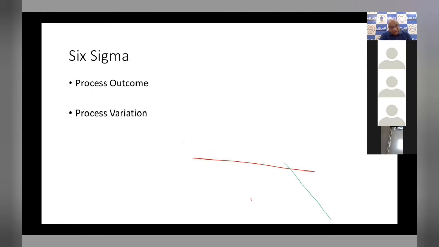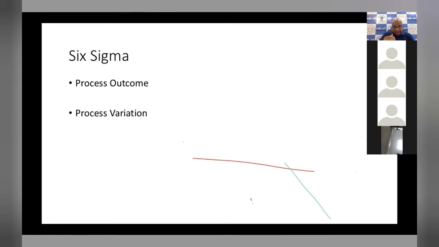We calculate 6 sigma based on this bias percentage and CV percent, and then we utilize that in assessing the process variation. How much variation we are observing in our glucose estimation, how much variation we are observing in our TSH estimation.